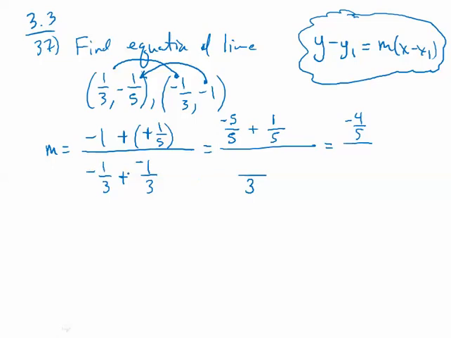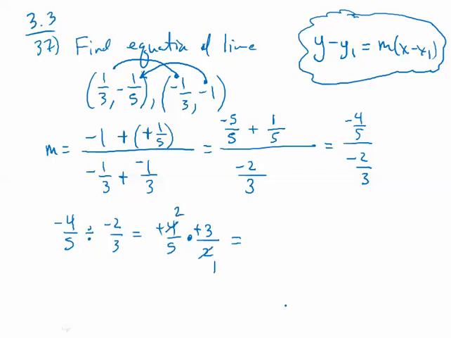So negative 1 plus a negative 1 is negative 2, and that just carries over into here. We saw something like that in chapter 1. If it's like this, what that really means is a negative 4/5 being divided by a negative 2/3, which really just means negative 4/5, change to multiply, take the reciprocal. It doesn't matter where the negative is, eventually it's positive. Good. Canceling, is that right?